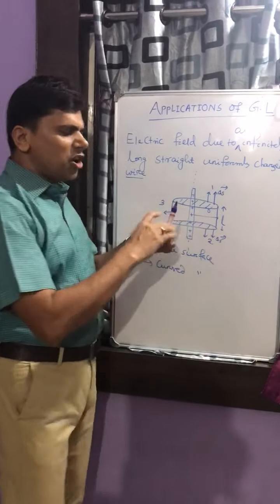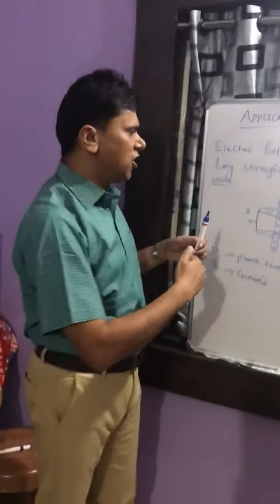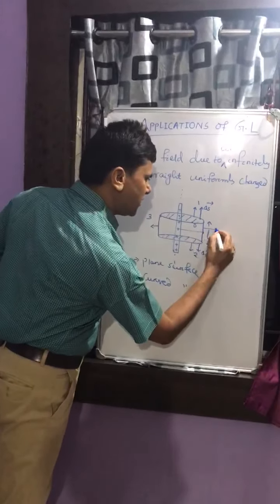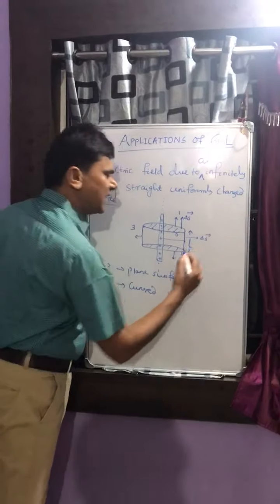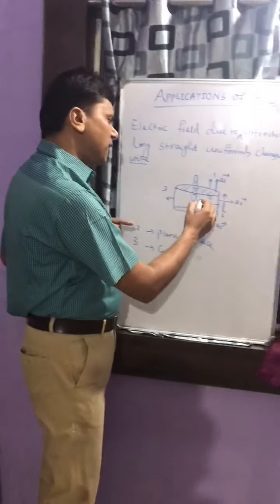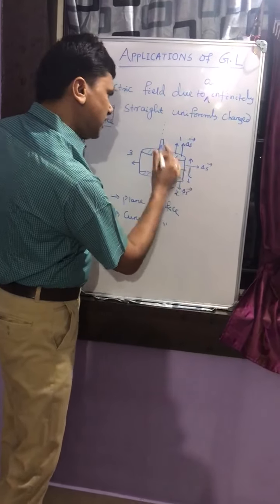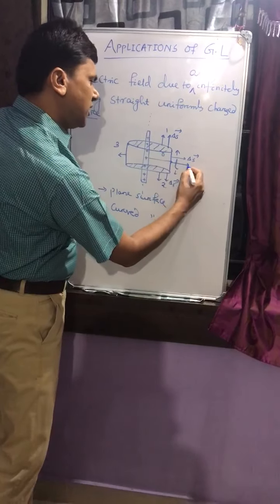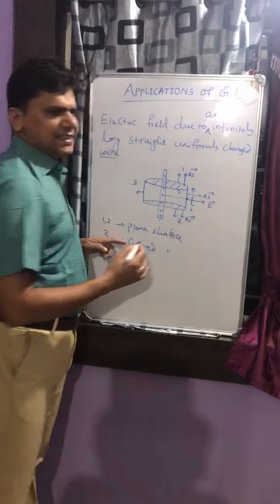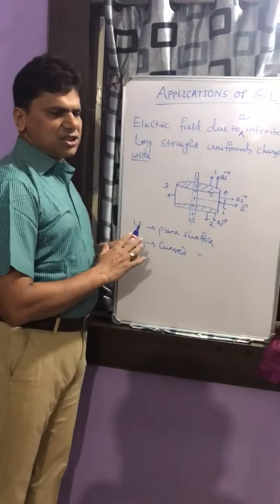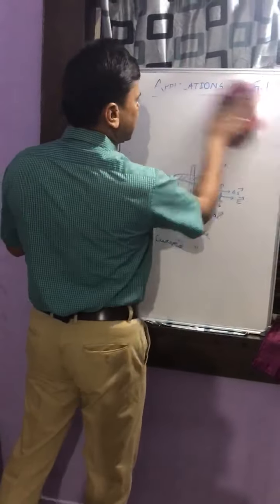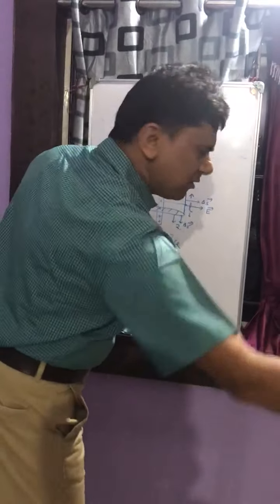But for the curved surface, at this point the direction of delta S is like this. And the electric field at this point, due to this charge distribution, will be outward like this.